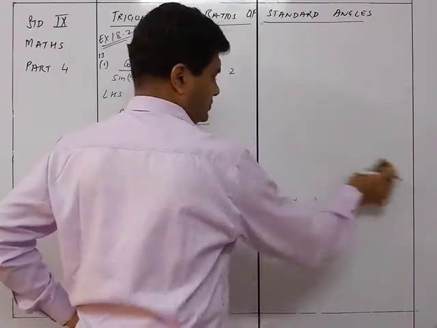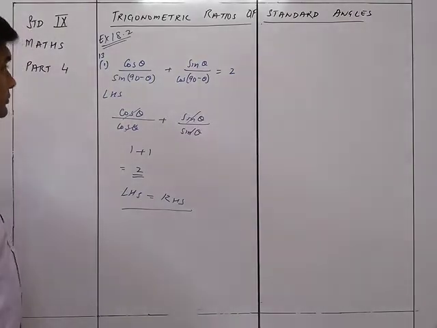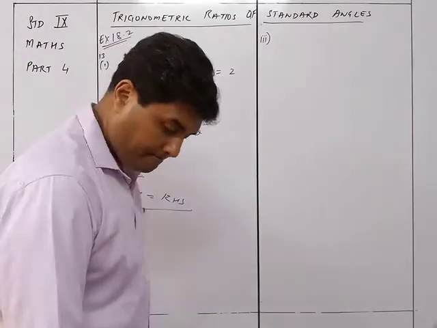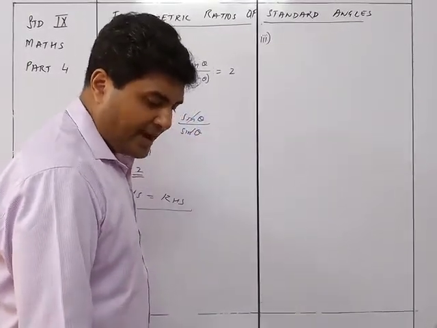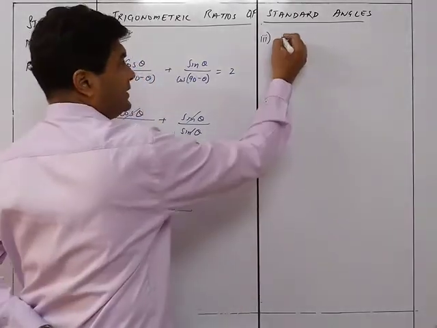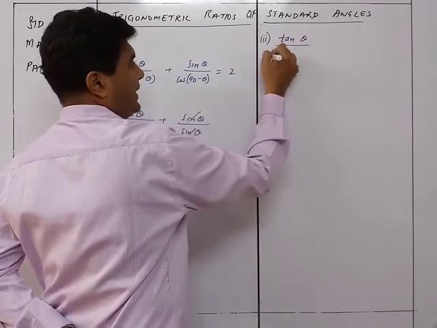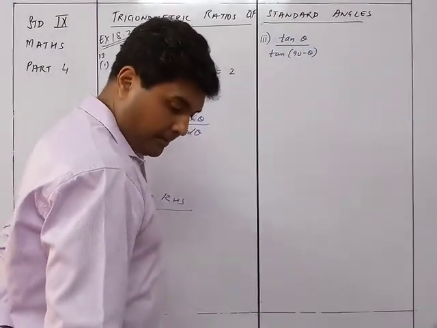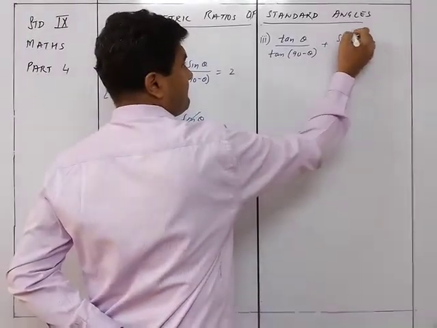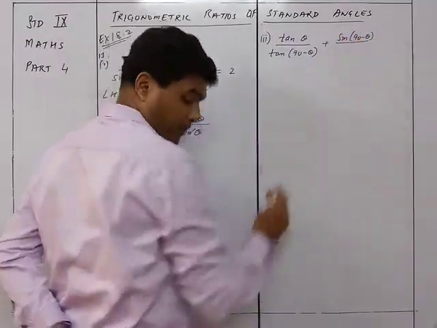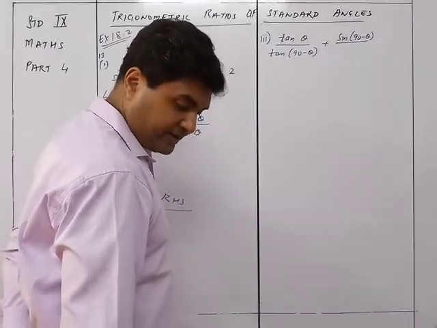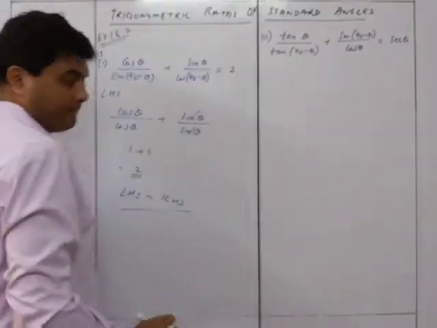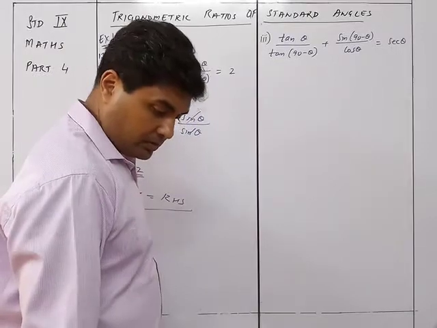We move on to sum number 13, the third. It's tan theta upon tan 90 minus theta plus sin 90 minus theta upon cos theta is equal to sec square theta.